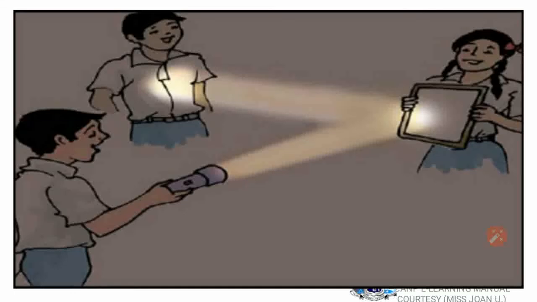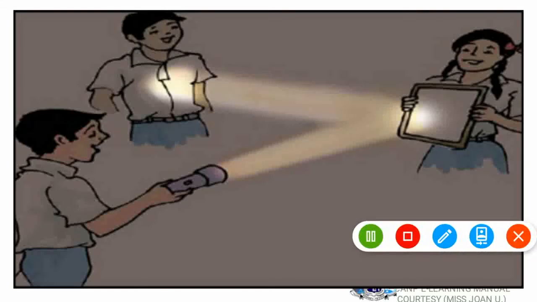This is the light source from this torch, and it's coming to this mirror, and then she bends the light in the mirror towards this direction, and you can see the light reflecting on his body.